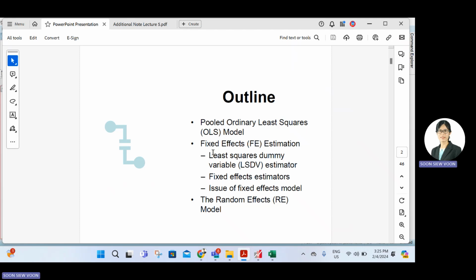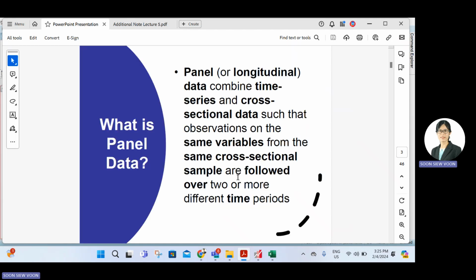Another panel approach is called fixed effect estimation, which includes the least square dummy variables estimator. We also have the fixed effect estimator, and we will discuss some issues of the fixed effect model. There's another panel model which is called the random effect model. So these are the 3 types of panel regression.